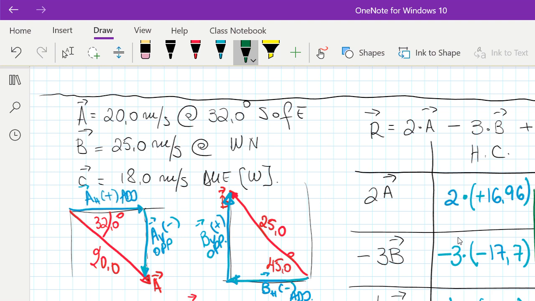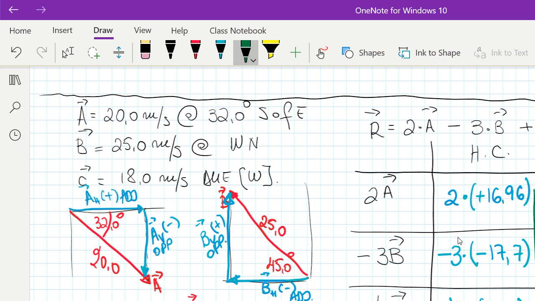And for the vertical component, you will have negative 2 times 10.6, because positive and negative gives you negative. Minus, because negative and positive gives you negative, 3 times 17.7 plus 0, which is nothing.